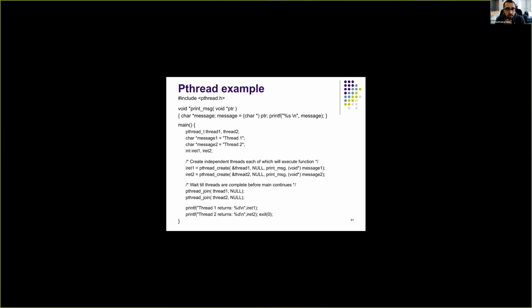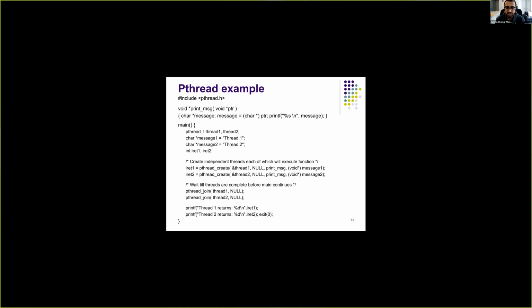So here, the main process, when we start, creates two threads, thread 1 and thread 2, and we pass parameters message 1 and message 2 to thread 1 and thread 2. And finally, pthread_join will make the main process wait for the threads to end.